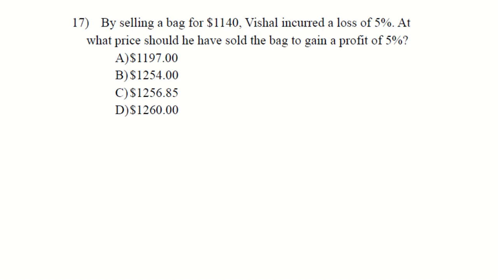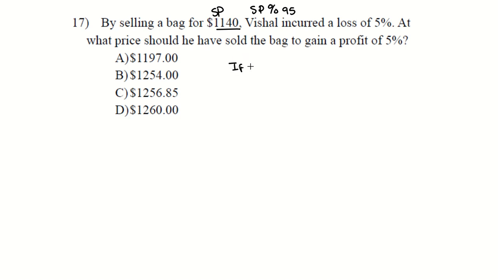By selling a bag for 1,140, we incur a loss of 5%. At what price should he have sold the bag to gain a profit of 5%? So this here is your selling price, right? And your selling price percent, because he made a loss, we know would be 95%. It would have been 100 minus 5, right?